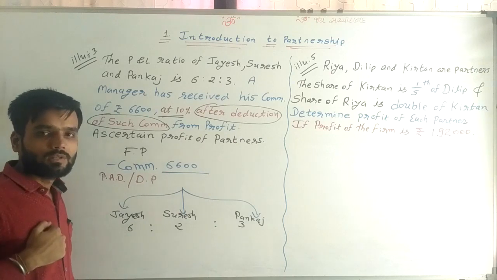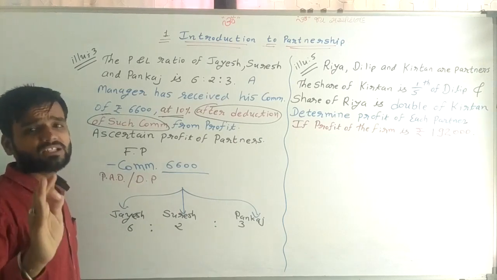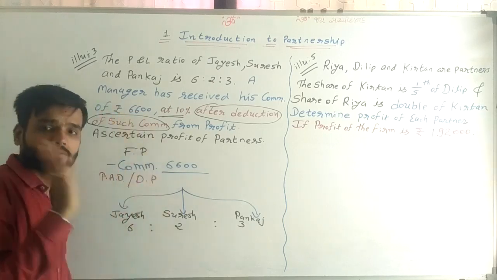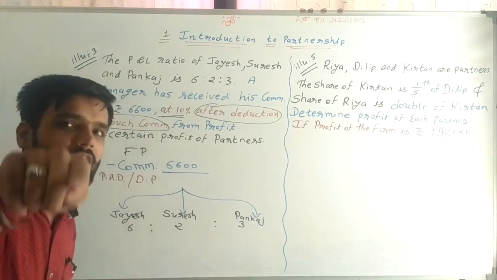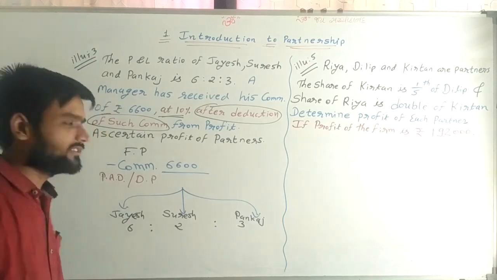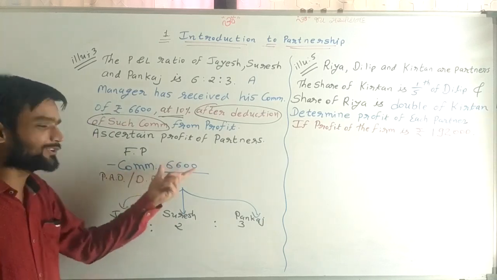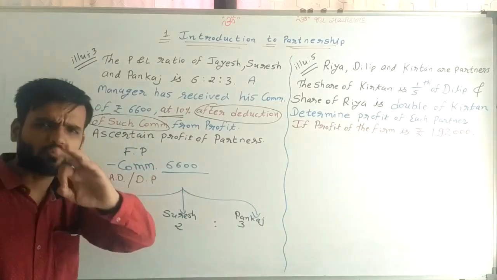Divisible profit. Now, there is no formula to find divisible profit, and no formula to find firm profit. But there is a formula to find commission. But commission is already given to you. So don't worry.